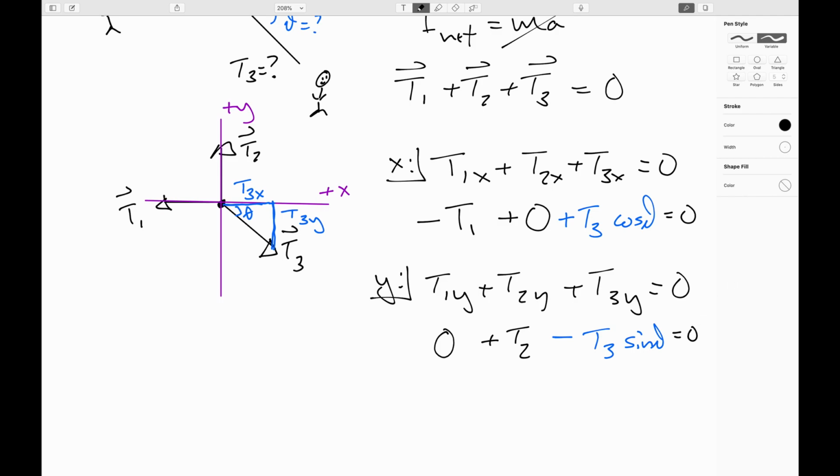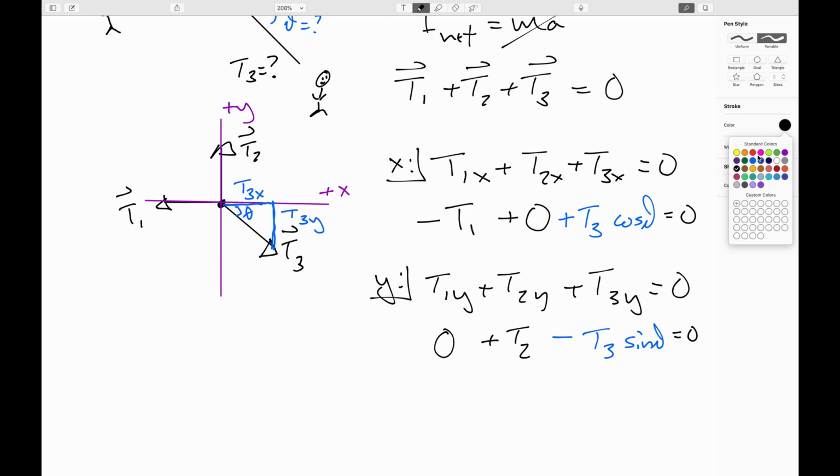Okay then. So we've got two unknowns. My unknowns are T3 and theta. I know T1 and T2. They're both 100 newtons. So the usual recipe is to solve one of these for, say, T3, plug into the other one and eliminate.